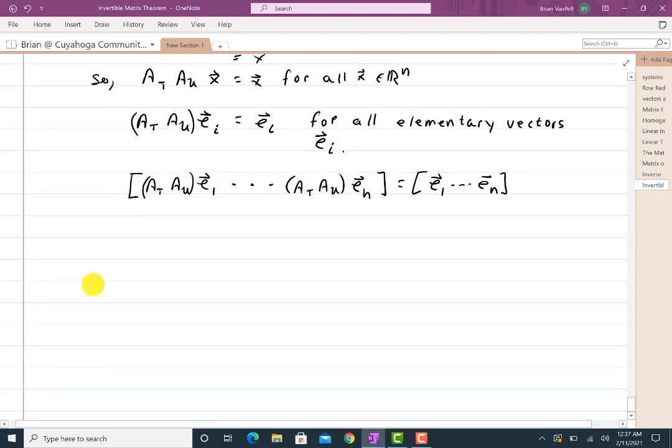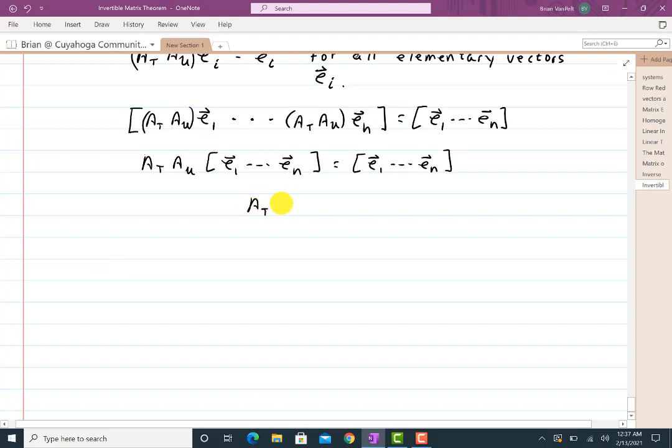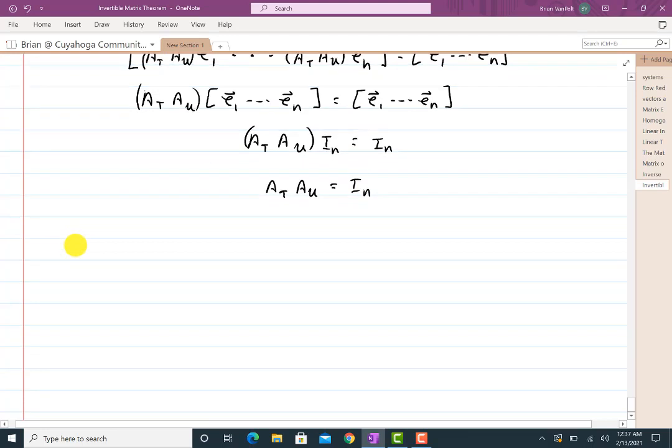But I can factor out the A_T A_U times the matrix e1, dot, dot, dot, en, and that equals e1, dot, dot, dot, en. And then I have A_T A_U In equals In, which just means that A_T A_U equals In.